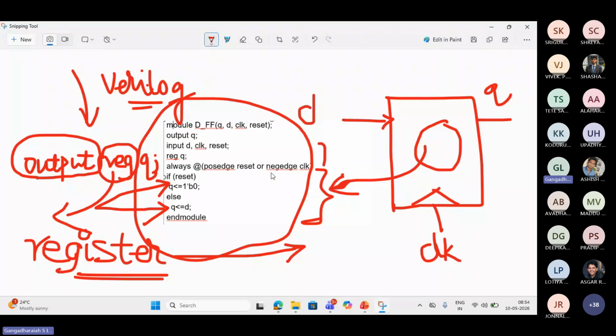In general, this reg does not mean it is a hardware register. It is just used to store the data for some time depending on the requirement.